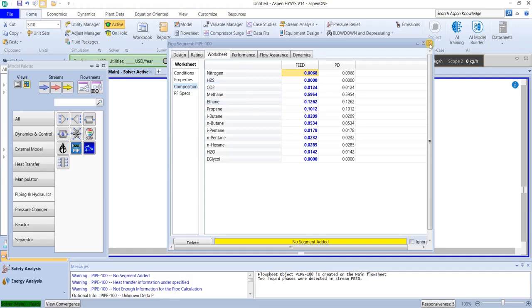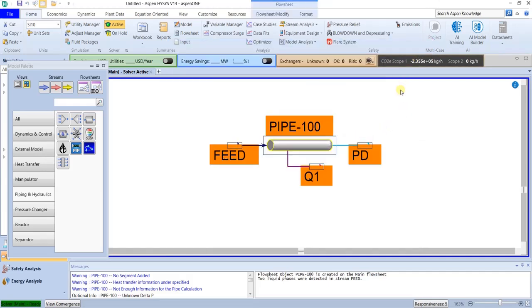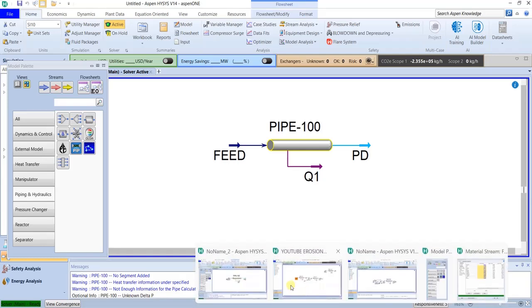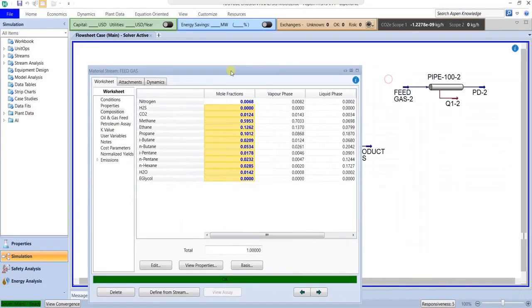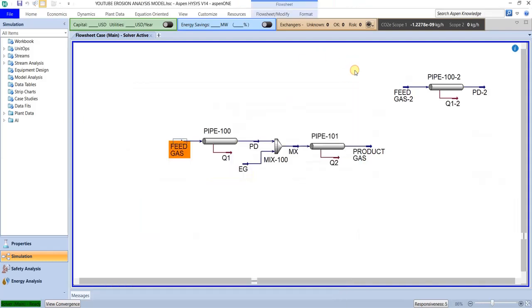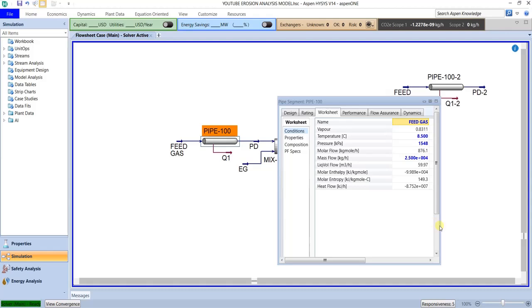Okay, so by now the feed stream is fully specified. So we need to specify the specifications of the pipe now, right? So we close this and we open this to check this pipe specs. We have already treated pipeline modeling.